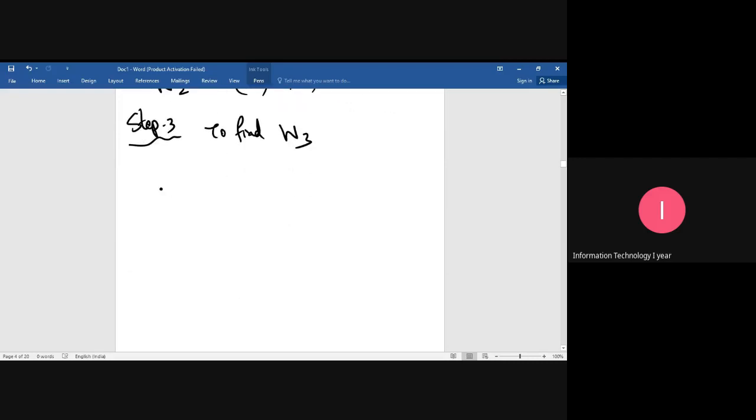W3 equals V3 minus inner product of V3, W1 divided by norm W1 square into W1, minus inner product of V3, W2 by norm W2 square into W2. So this is the formula for W3. Okay, the formula may be extended.